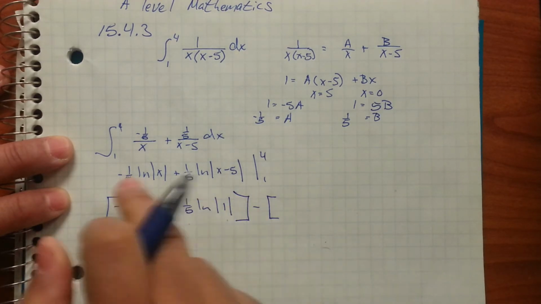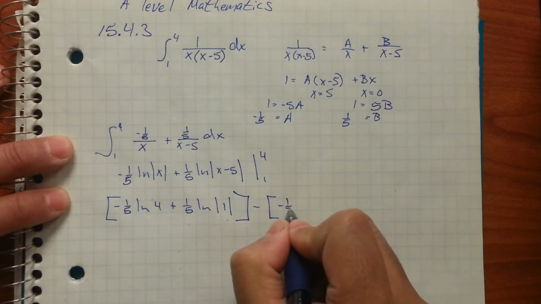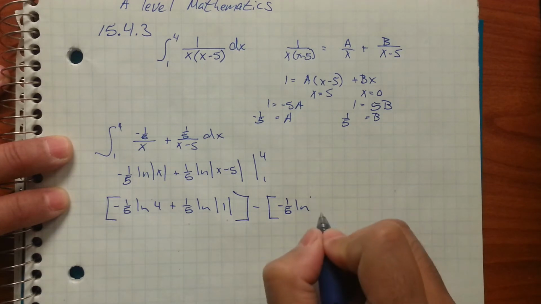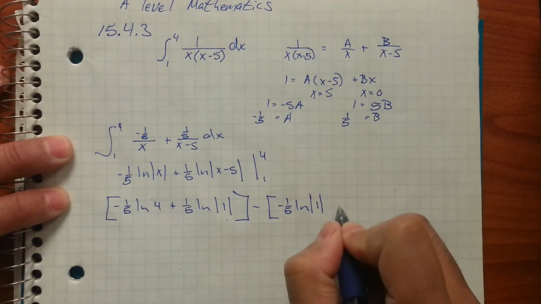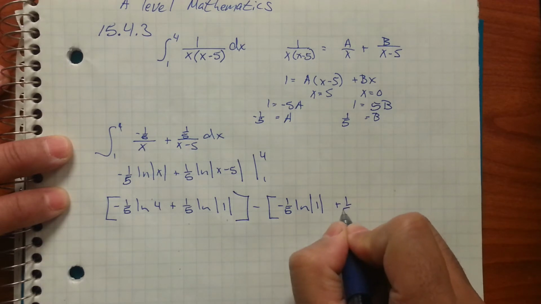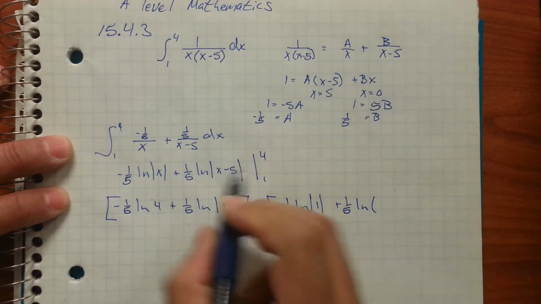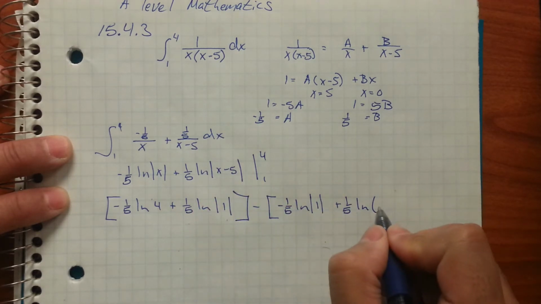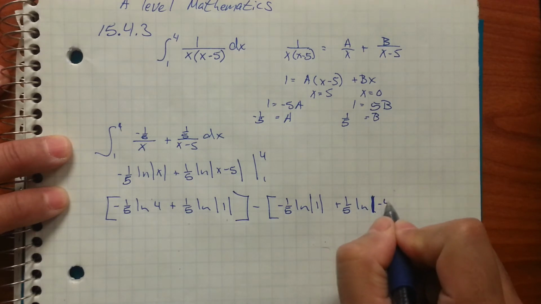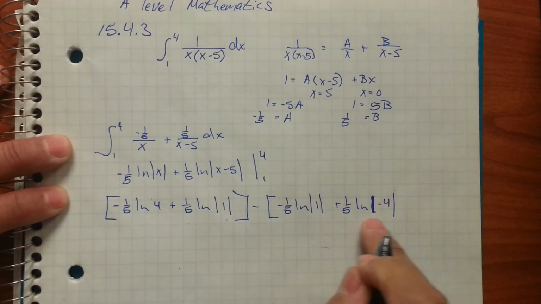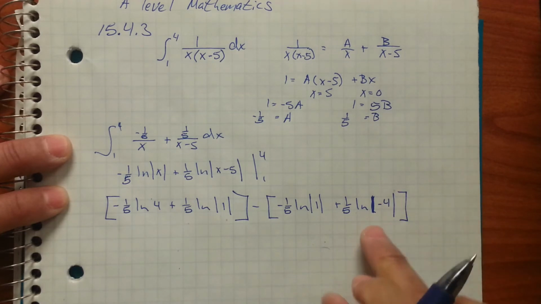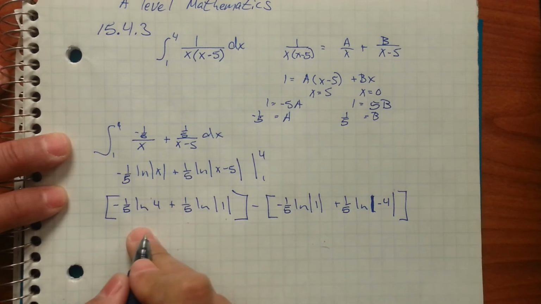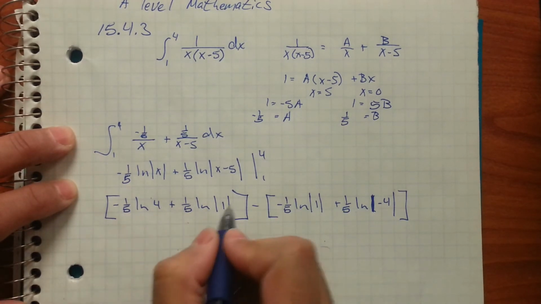Minus, now let's do the other one, negative 1/5 ln of 1, plus 1/5 ln of, now 1 minus 5 is negative 4, the absolute value of negative 4. It's important that I had that right there, because otherwise it's going to cause me issues later on.